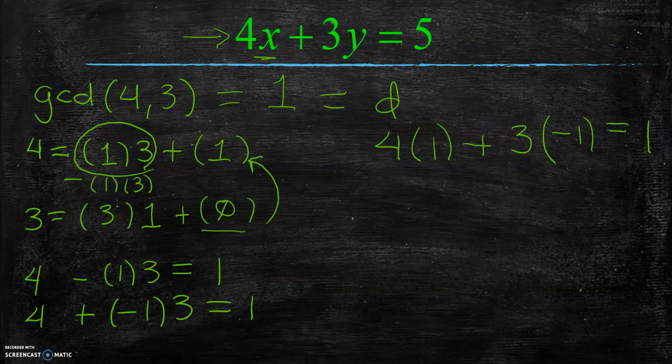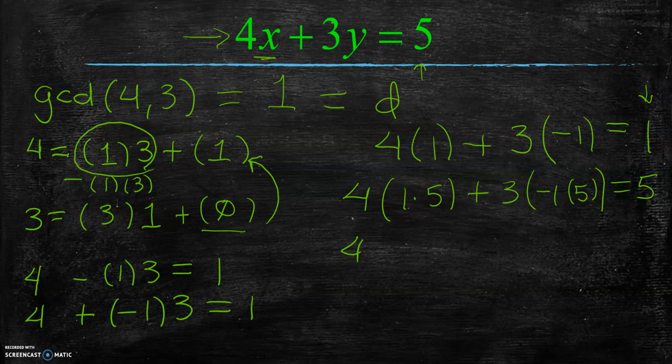Now this is not quite our solution because we have a 1 here, but we need a 5. So we're going to multiply this entire equation by 5. We're going to get 4 times 1 times 5 plus 3 times negative 1 times 5 equals 1 times 5, which is 5. That's going to give us 4 times 5 plus 3 times negative 5 equals 5.